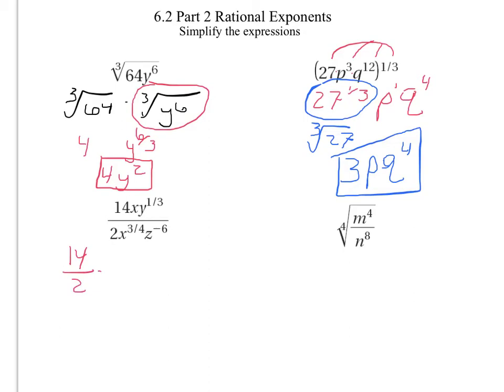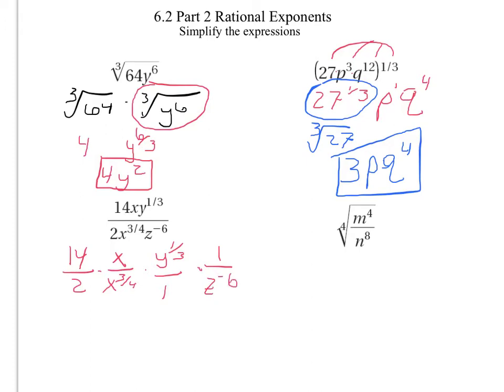Then we move on to the x's. We have an x over x to the 3/4. And then we have a y on top, so y to the 1/3, but there's no y's on bottom, so that's just going to be over 1. And then we have no z's on top, but we have a z to the -6th on bottom.